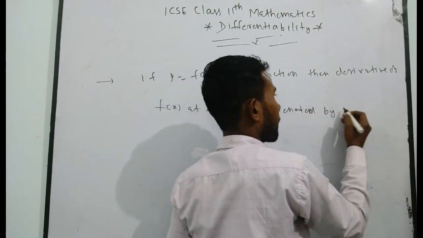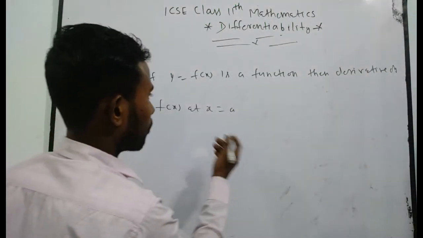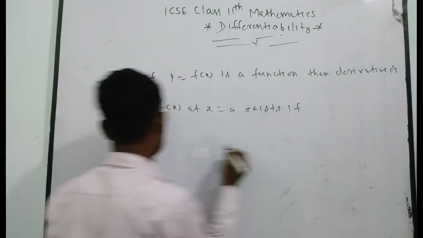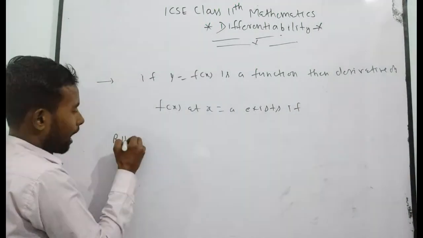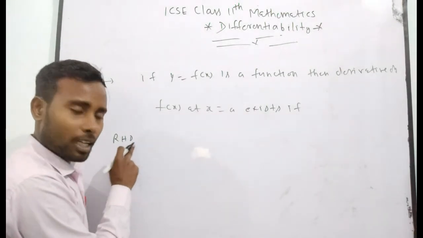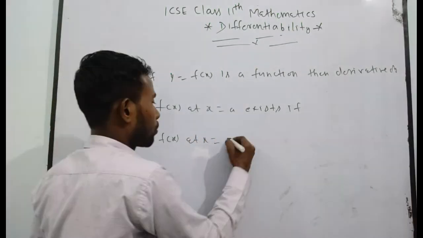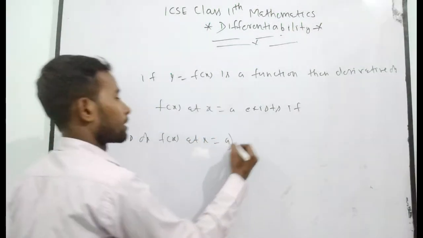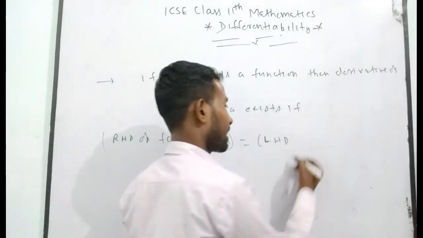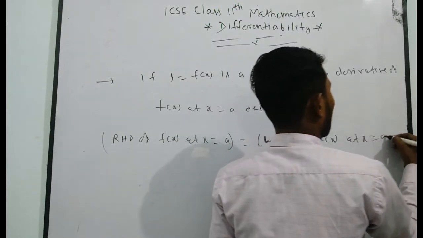Derivative of f(x) at x equal to a exists if RHD, that means right hand derivative of f(x) at x equal to a, is the same as LHD, that means left hand derivative of f(x) at x equal to a.